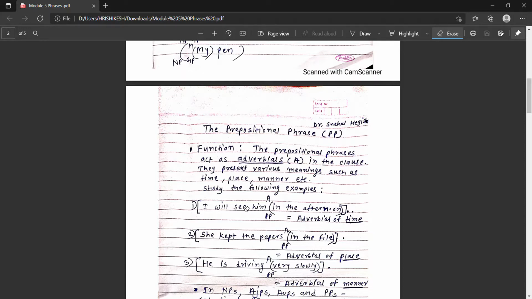It is an adverb phrase. Sorry, here it is written as a prepositional phrase, but no, it is not a prepositional phrase. It is an adverb phrase. So you have to remove this example from this particular place.